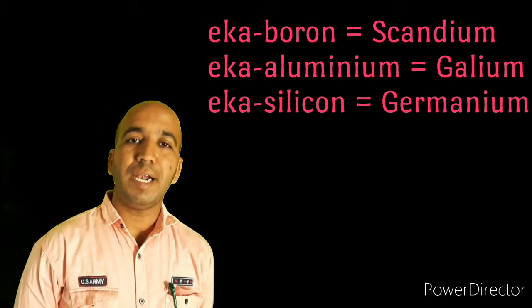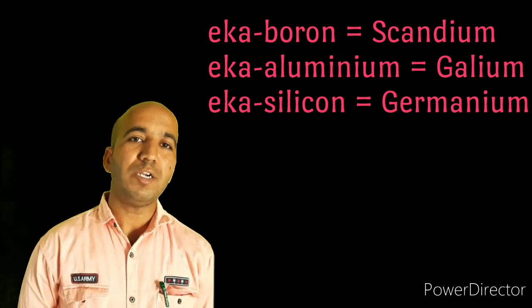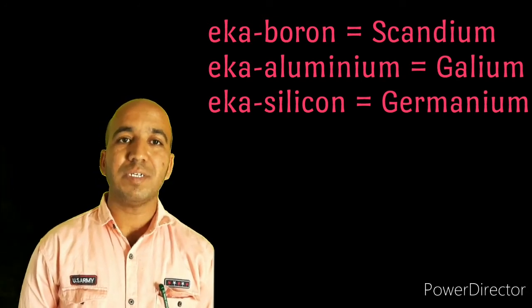That means scandium, gallium and germanium. These three elements were not known when Mendeleev classified elements, but he predicted their properties. After the classification, these three elements were discovered by scientists, with chemical properties just similar to those predicted by Mendeleev.